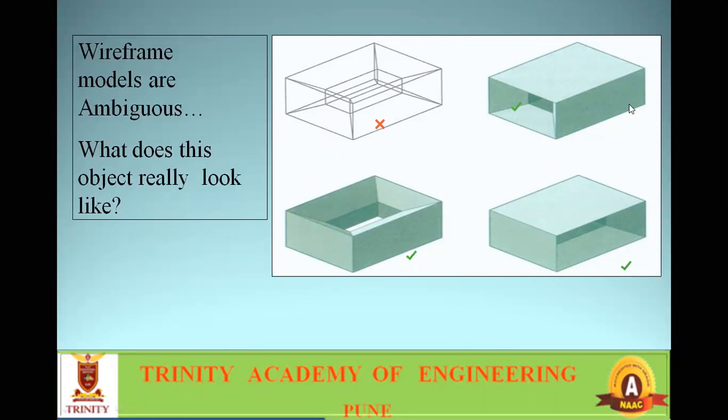So it is not clear from this picture how the model will look. Actually, according to this wireframe model, all these views are correct, but we can't imagine from wireframe modeling how the actual model will look. So for that purpose, we need to go for 3D modeling and detailed drawing of every component, with the dimensions. Okay, I will clear our drawings and move to the next slide.